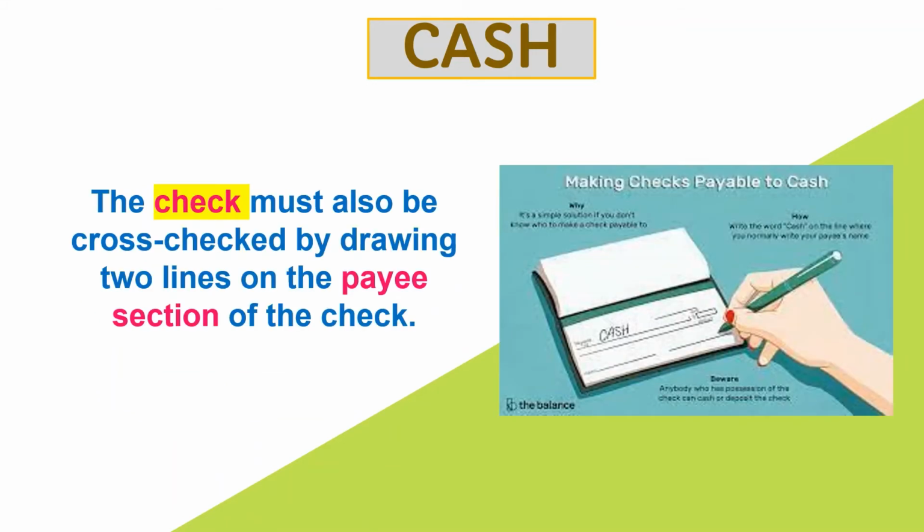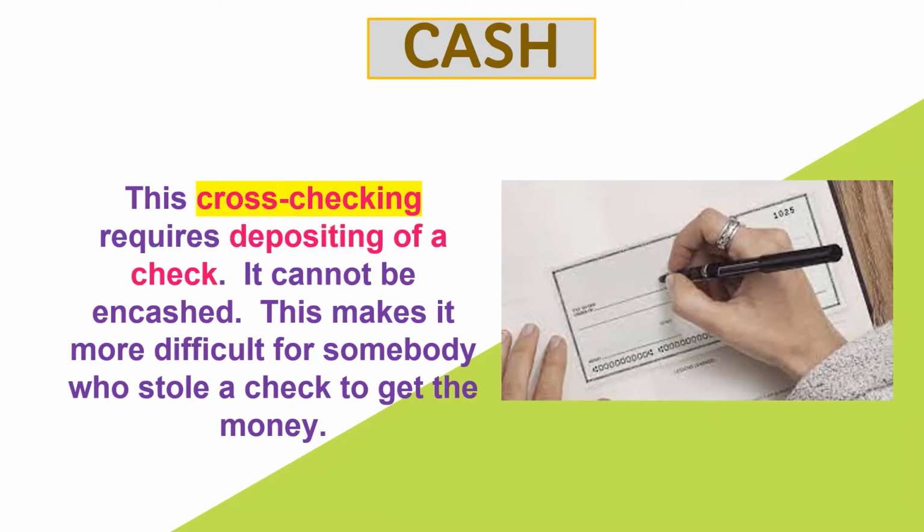The check must also be crossed before drawing a line in the section of the check. So this crossed check requires depositing of the check. It cannot be in cash. This makes it more difficult for somebody who stole a check to get the money.